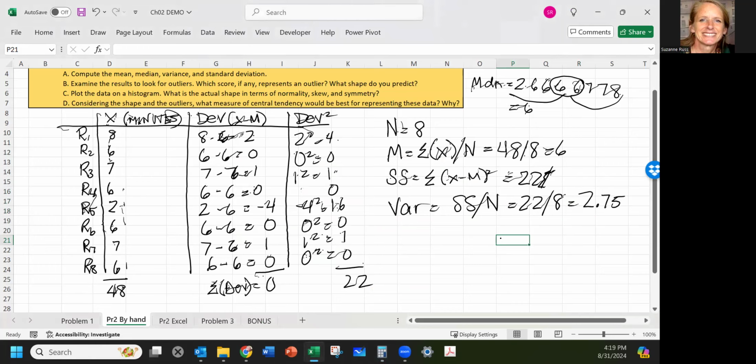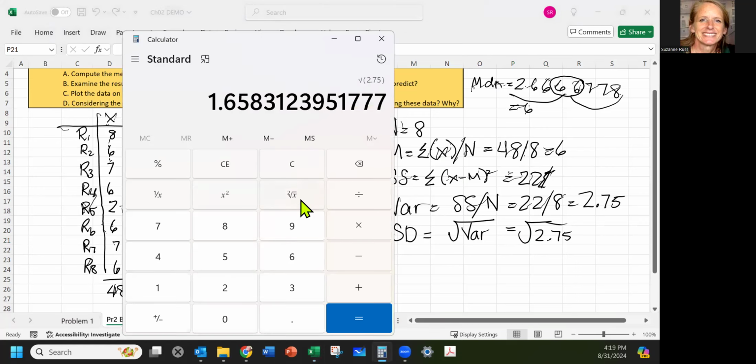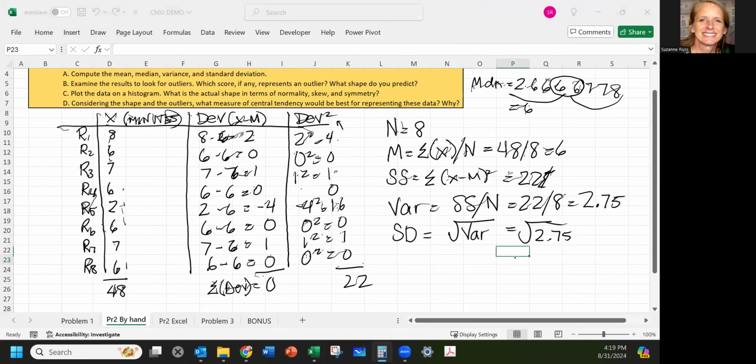And since we squared up here in order to work through this problem, we have to take the square root in order to get the standard deviation. So the standard deviation is just the square root of the variance equals the square root of 2.75. And we can go ahead and get that right here on our calculator. So we get 1.6583.